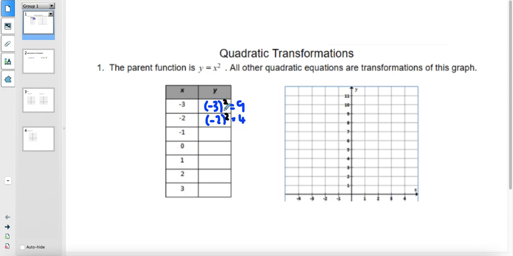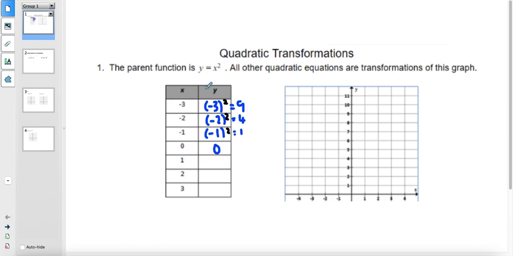And we can keep going, right? If you plug in -1, well, -1 squared, -1 times -1 is just 1. If we plug in 0, 0 squared is just 0.